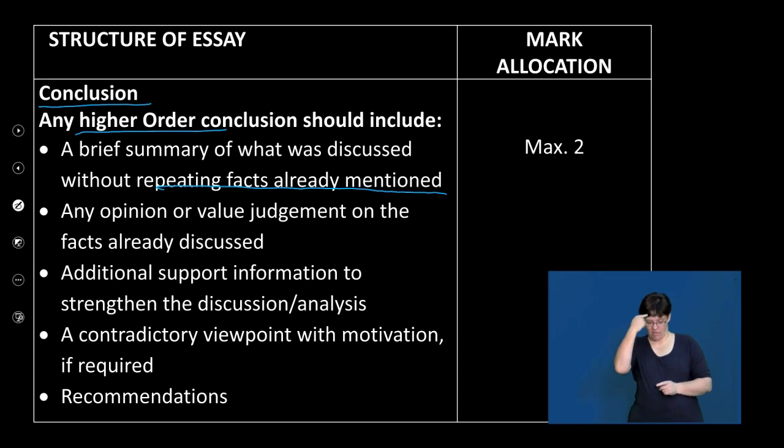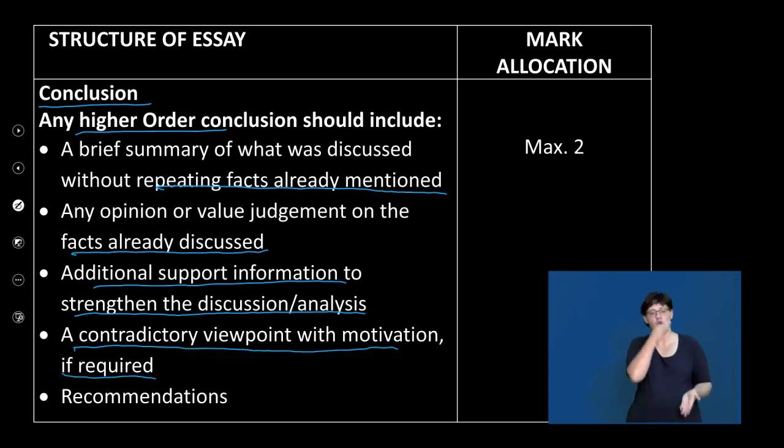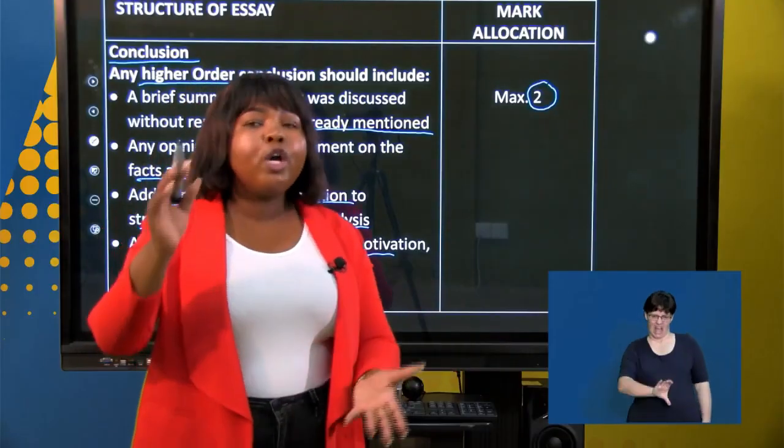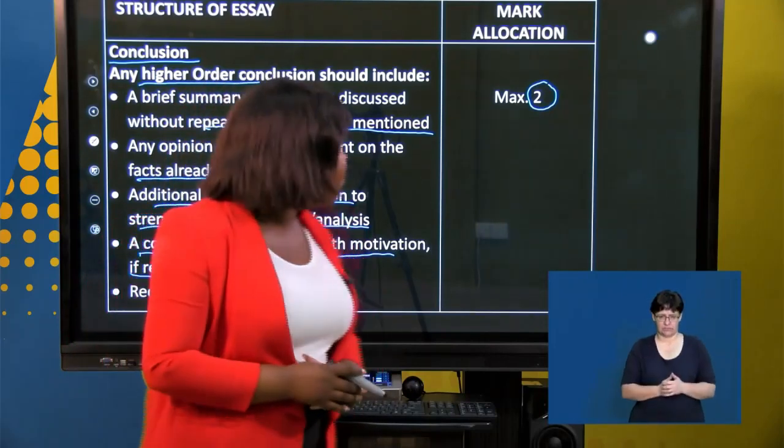It can include any opinion or value judgment on the facts already discussed, any additional support information to strengthen your argument, a contradictory viewpoint with motivation if required, or any recommendations. Your conclusion carries 2 marks. Again, don't over-explain. It shouldn't be 10 lines or a long paragraph. At most 5 lines should do the job.